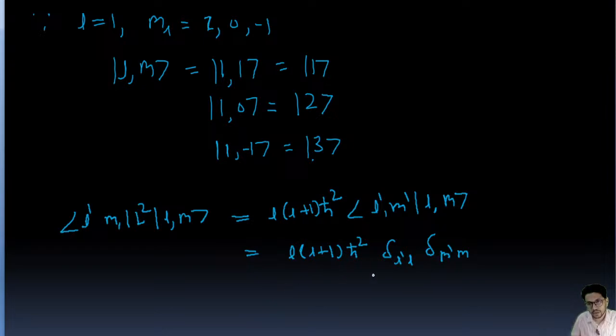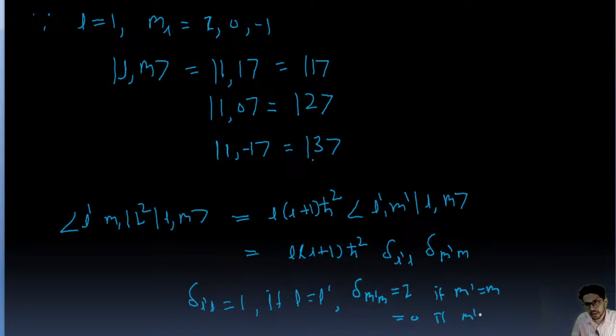We know the Kronecker delta, right? Kronecker delta l' l will be 1 if l equals l', and 0 if l' is not equal to l. Similarly, Kronecker delta m' m is going to be 1 if m' equals m, and 0 if m' is not equal to m.